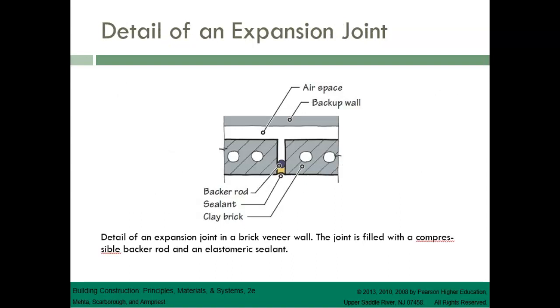So this is the detail of an expansion joint. You can see that they have what they call a backer rod here. This is a compressible backer rod, and the elastomeric sealant is the yellow portion here. As the brick expands, the material in the joint compresses, and the sealant allows the wall assembly to stay dry.